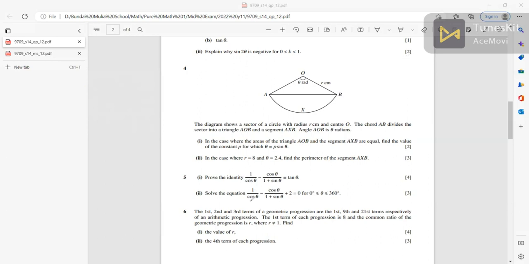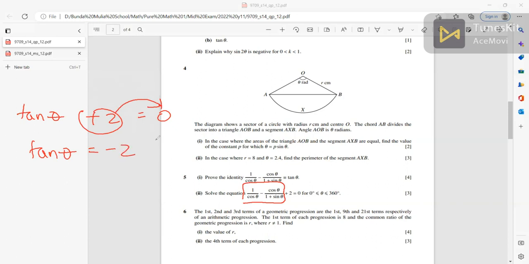So we have 1 over cos theta minus cos theta over 1 plus sine theta plus 2 equals to 0. So this, I can change it. Become tan theta plus 2 equals to 0. So tan theta plus 2, I move it to the other side, equals to minus 2.